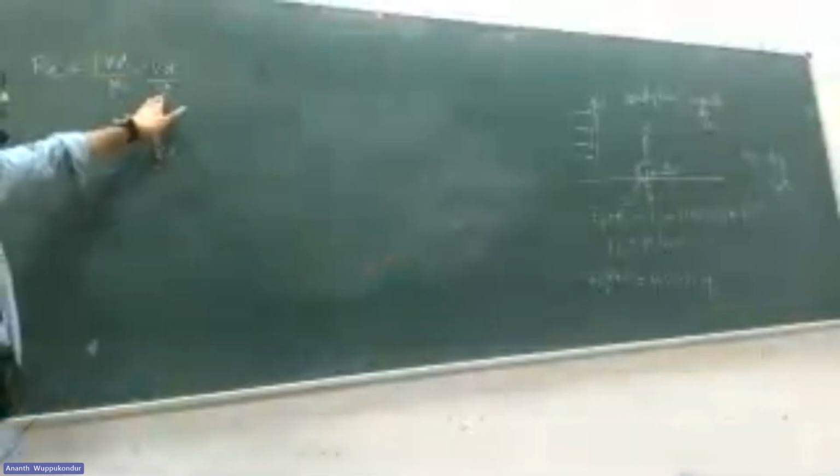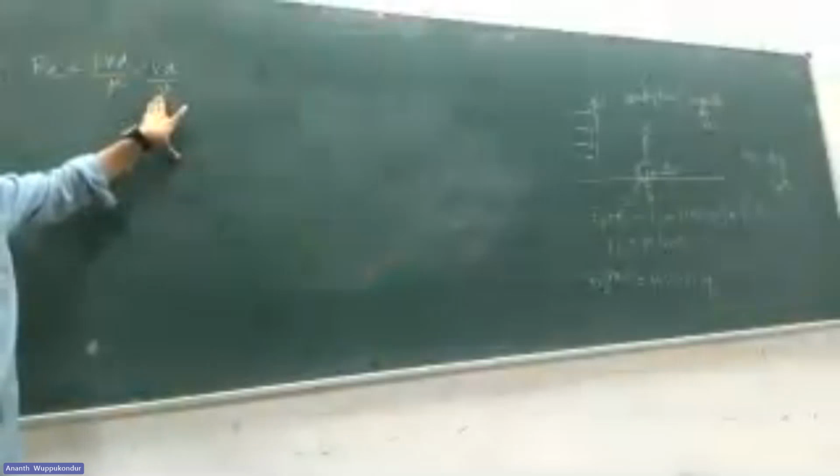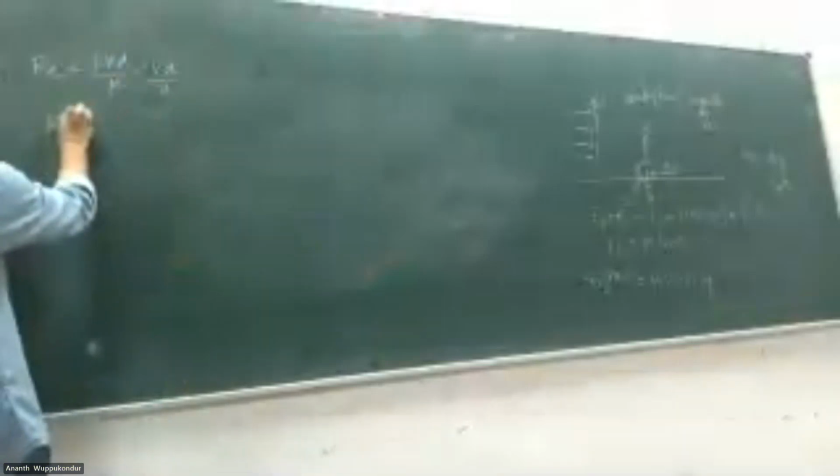Now this is a Reynolds number, let us say, for the fluid. Now if we are considering the sediment particle, so this is called particle Reynolds number, represented by Re star.